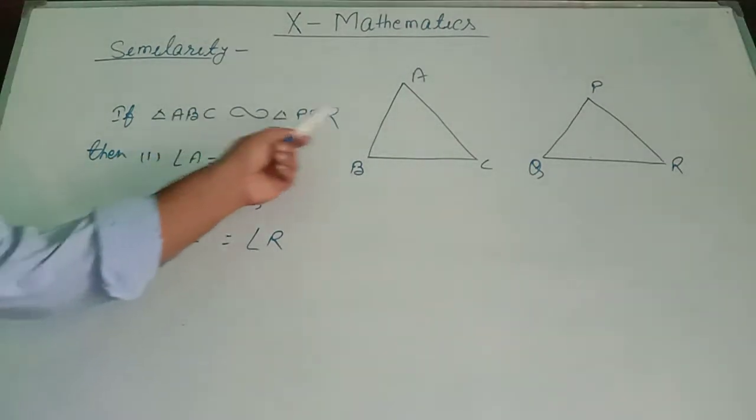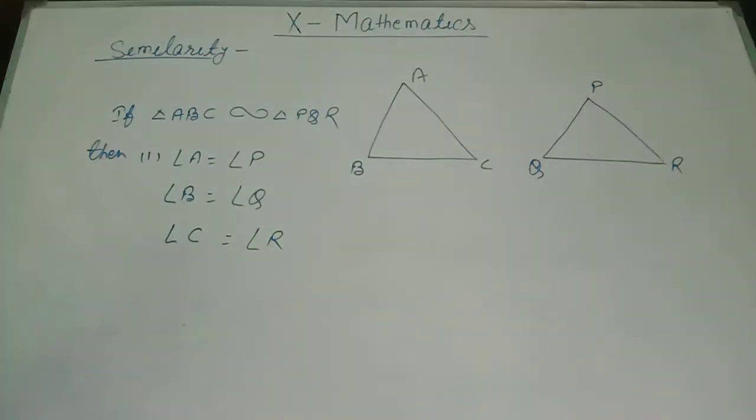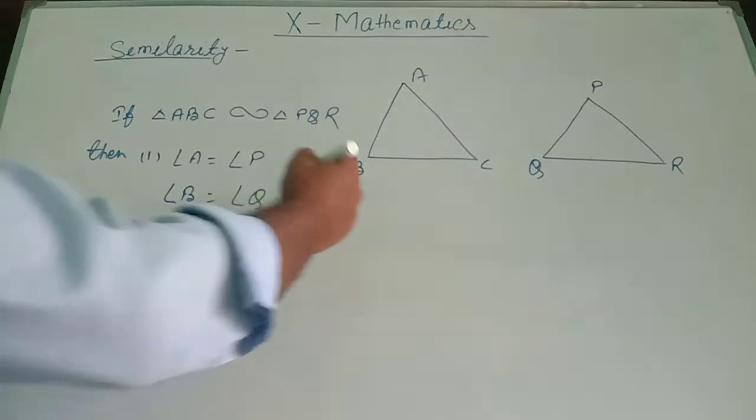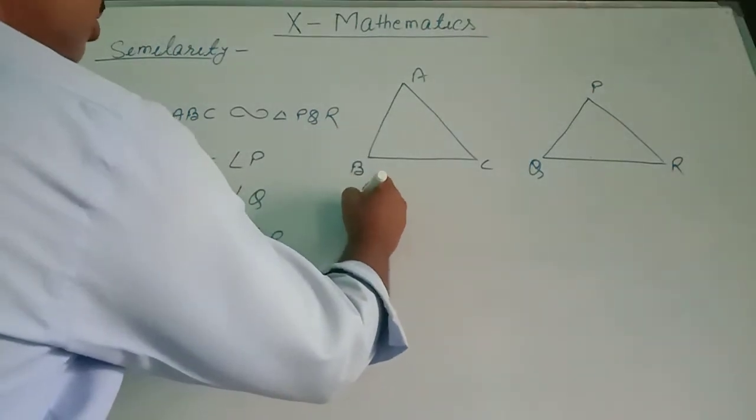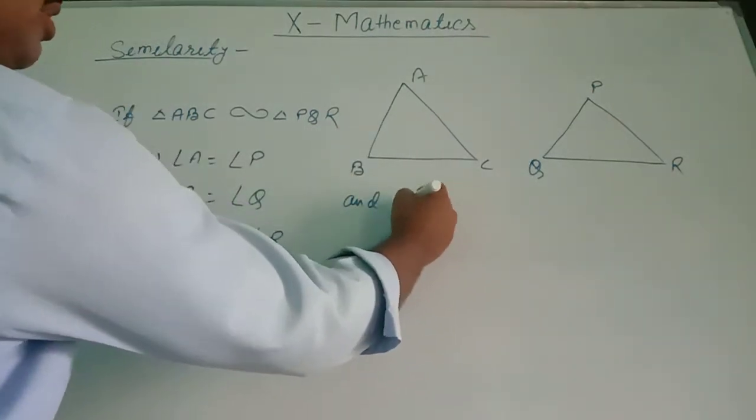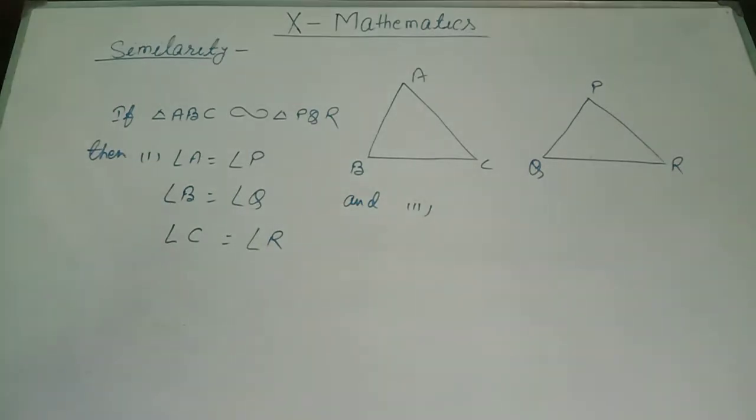If these two triangles are similar, then the pairs of corresponding angles will be equal, and second condition, the ratio of their corresponding sides will also be equal.